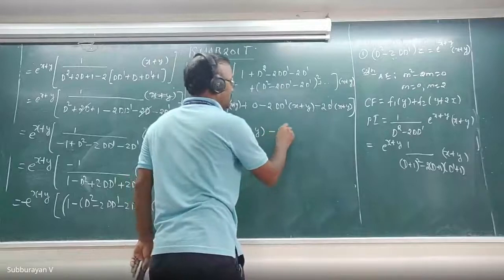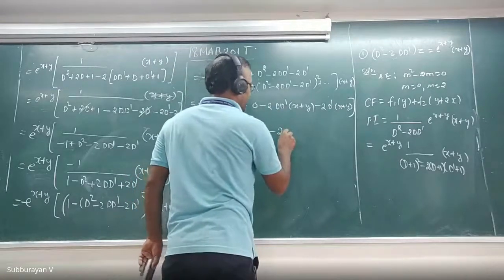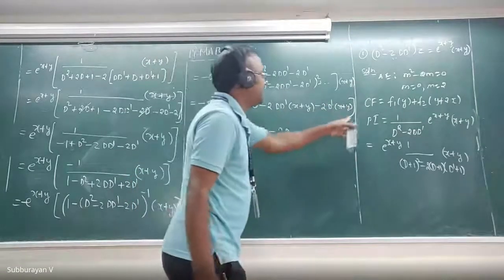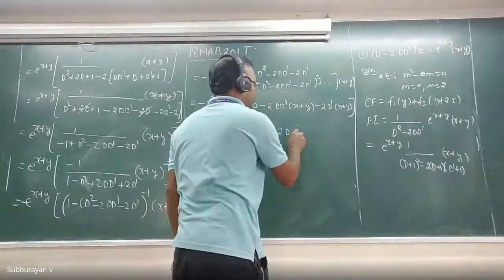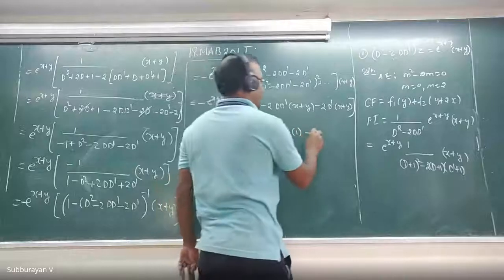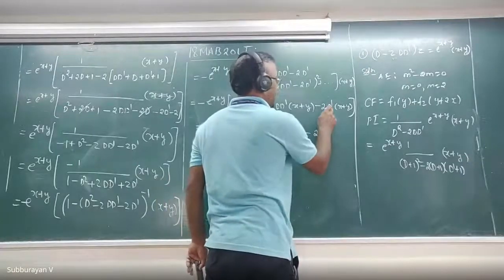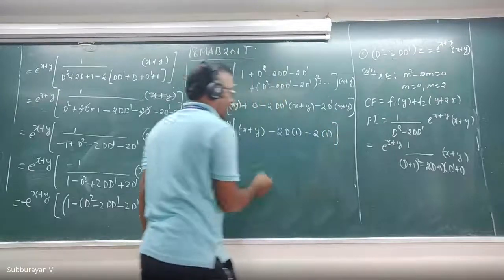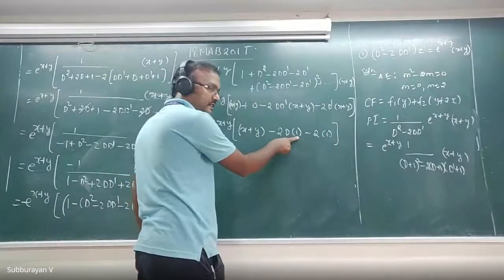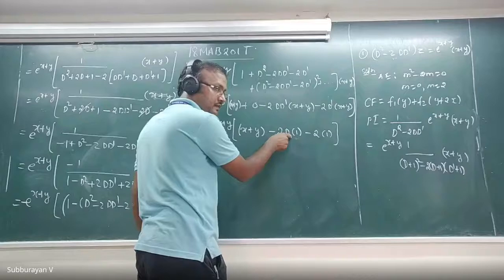minus 2 D. What is the differentiation of this with respect to y? Which is going to be 1. 1 minus 2 D, differentiation of this with respect to y is going to be 1. Now, if I differentiate this constant with respect to x, which gives 0.